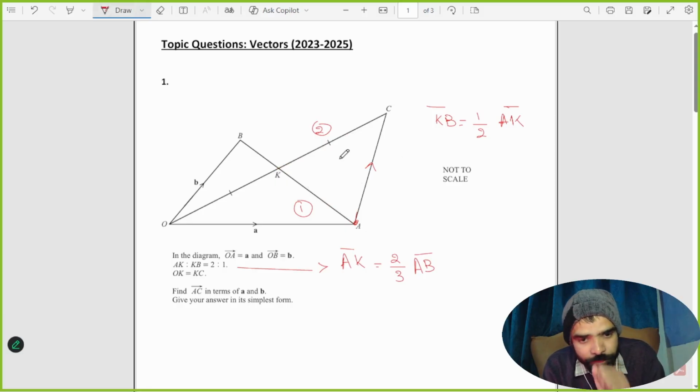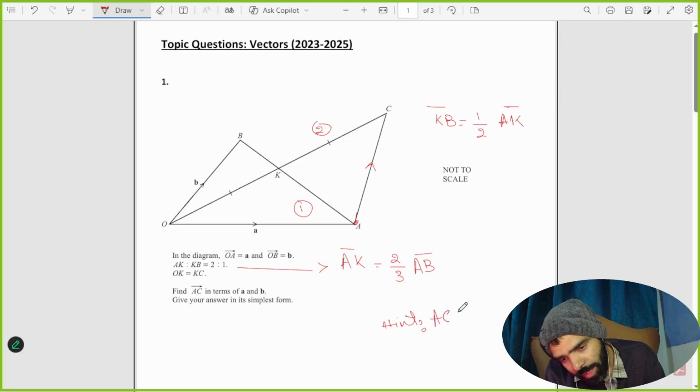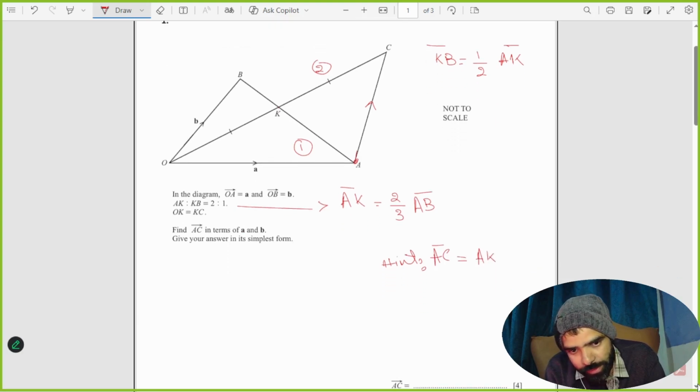So it's clear that to find AC, we can write that AC is actually AK plus KC.